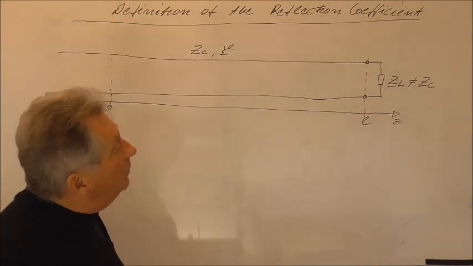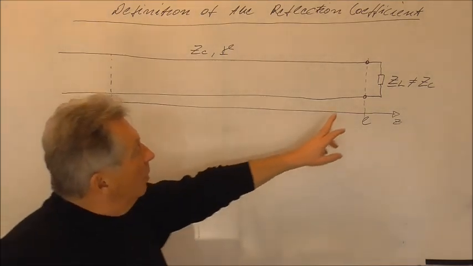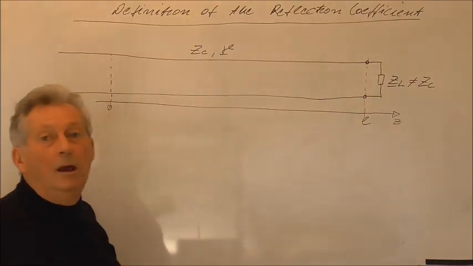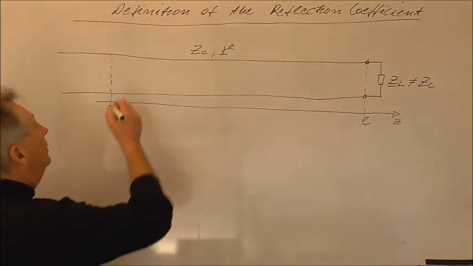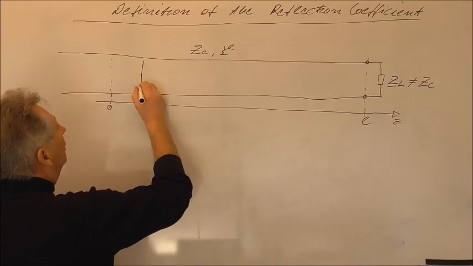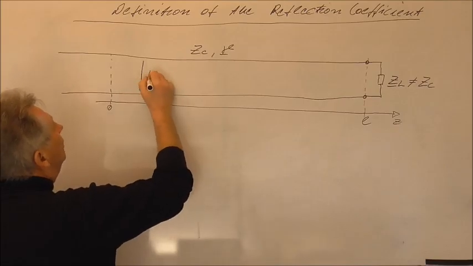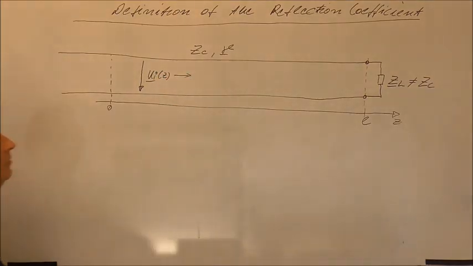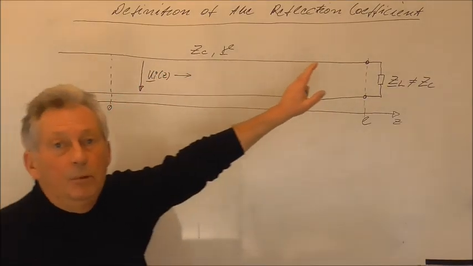But if I have now the transmission line terminated in an arbitrary load impedance, of course, then we will have reflection. This means we will have an incident wave, I call it incident wave UE of z, which will travel in the direction of our load impedance.